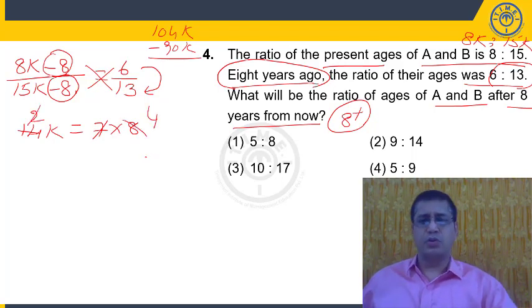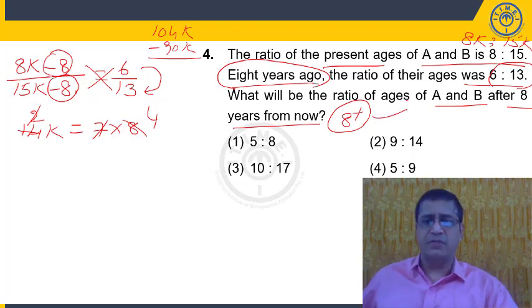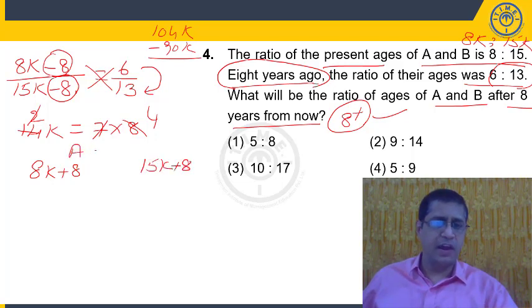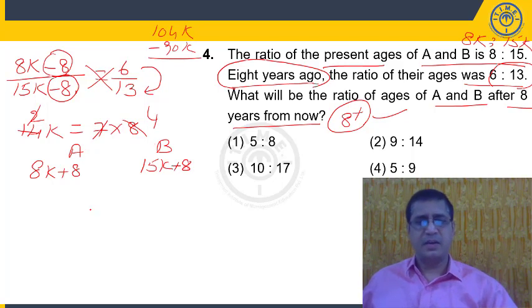The value of K is equal to 4. So what do you need to find after 8 years? After 8 years, what will be the ages of A and B? So 8K plus 8 and 15K plus 8. These are the values of A and B after 8 years. K is equal to 4.